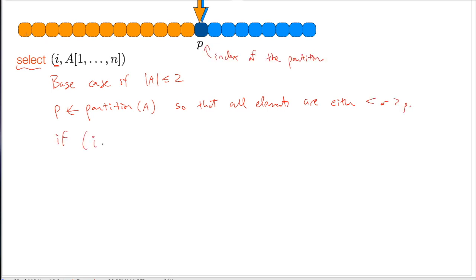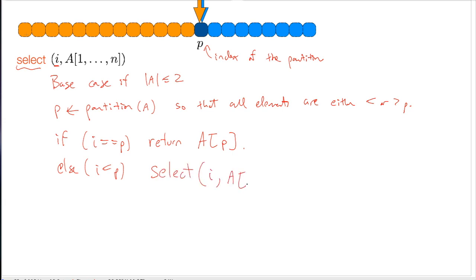And now if i, the number that we want, happens to be exactly this partition element, then we return A of P. Else, if i is less than P, then we recursively select on i in the array that's on the left. And otherwise, we select on the right.